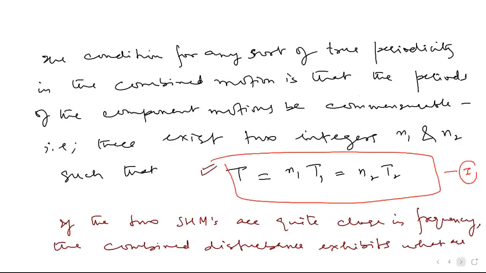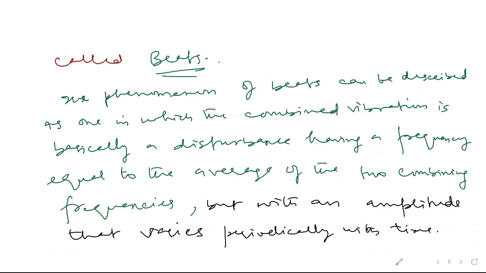Then we said in general, the combined oscillation will be complicated, but if this first condition is satisfied, then the combined displacement will be periodic. And if the SHMs are close in frequency, then there is beating effect. In the phenomenon of beats, vibrations close in frequency superpose, and we get a vibration having frequency equal to the average of the two combining frequencies, but the amplitude varies periodically with time.